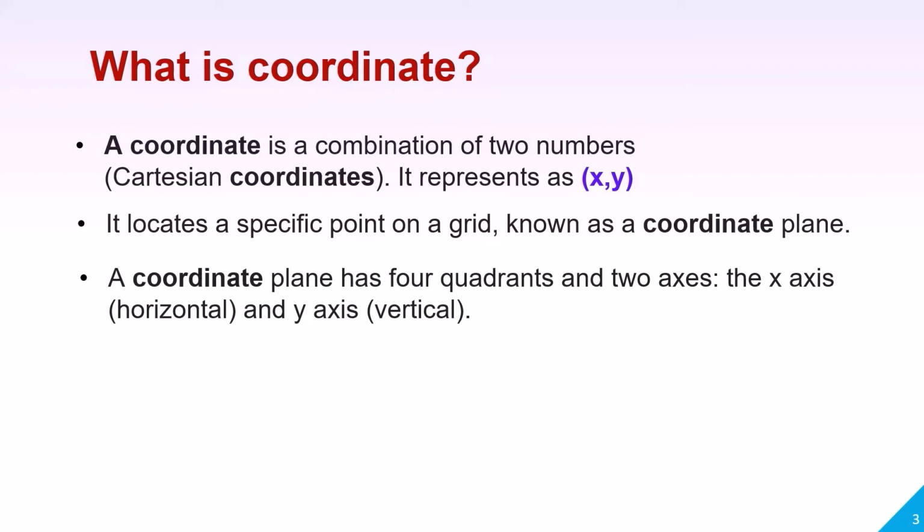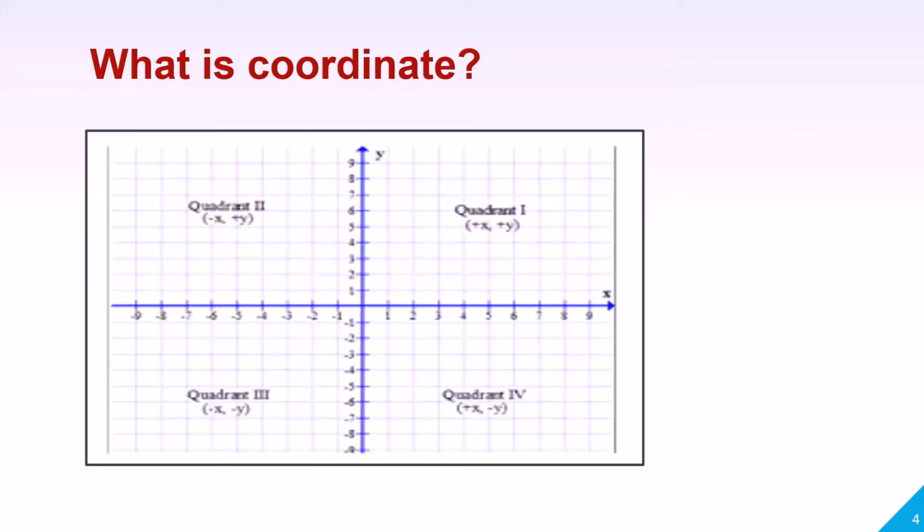A coordinate plane has four quadrants and two axes: the x-axis, which is horizontal, and the y-axis, which is vertical. Now we'll go by the diagram. This is a coordinate plane, and here is the x-axis and that is the other axis, y.